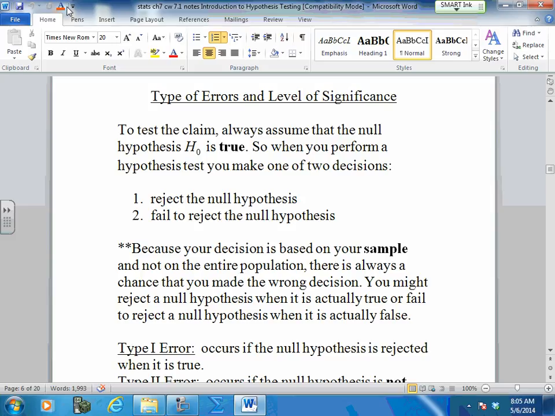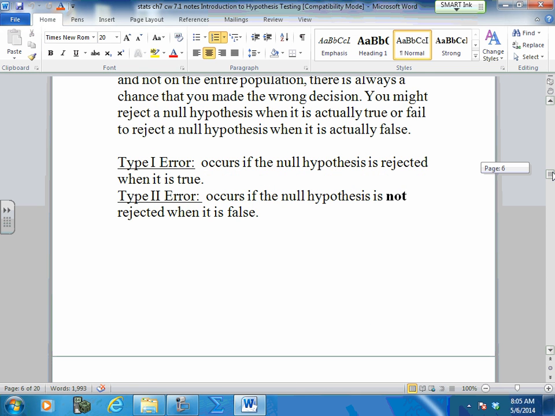You might reject a null when it's actually true, or fail to reject it when it's actually false, because your data led you to do so. So when that happens, depending on how severe the penalty or the result is, the error that it's caused, you might want to go back and do another sample. You might want to say, no, my sample is good. It's a good representation. I stand by it. So these are things that you have to look at.